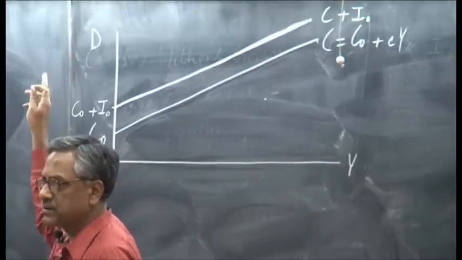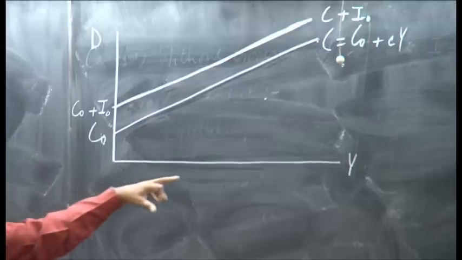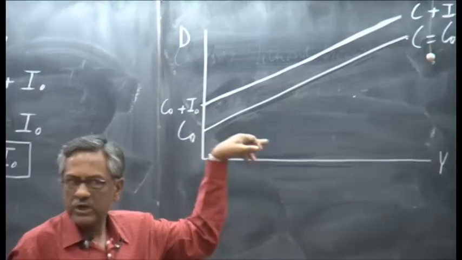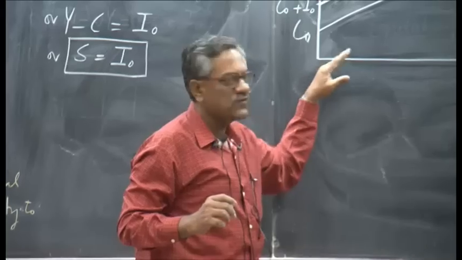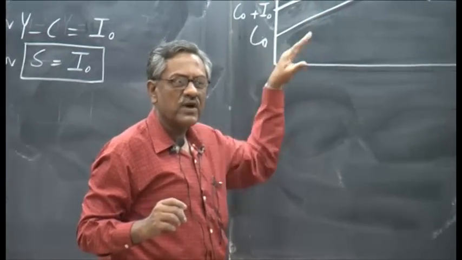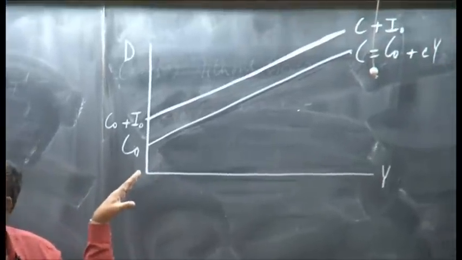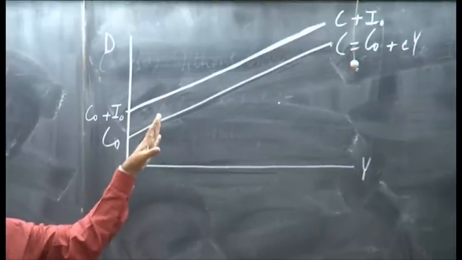D is aggregate demand. For equilibrium, you require D to be equal to Y. So what you need diagrammatically is a 45-degree line, because on the 45-degree line through the origin, D will be equal to Y at every point.